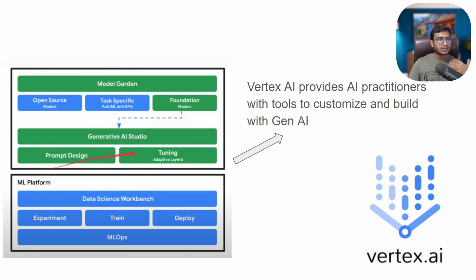Here you can perform prompt designing, fine tuning, Generative AI Studio, foundation models, open source models, and you can also perform LLM Ops. Instead of replacing the previous Vertex AI services, they created one additional layer on top of that, and this is now called the LLM Ops platform on Vertex AI. Now I think it is clear.